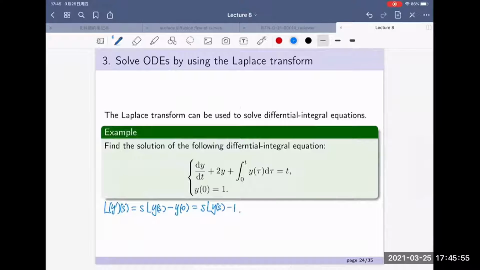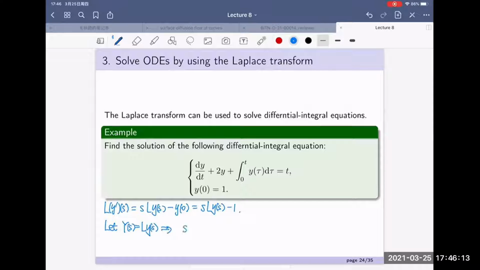So if we apply the Laplace transform to this term, let's denote capital Y to be the Laplace transform of small y, just to simplify the expression. Then we apply the Laplace transform to the equation.